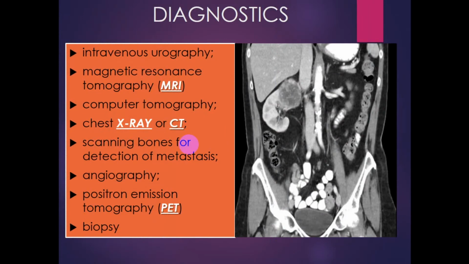Diagnostics can also include intravenous urography, magnetic resonance tomography, MRI, also X-ray, CT, bone scanning for detection of metastasis, angiography, and positron emission tomography, and of course biopsy to determine the histological grade of this tumor.